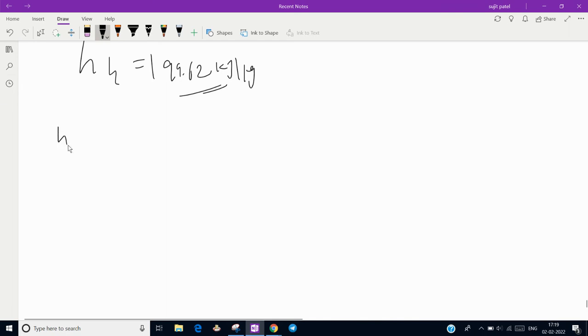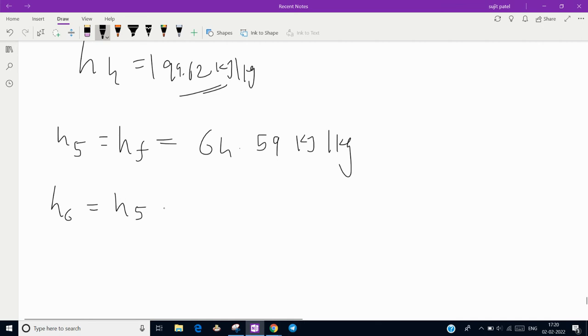Now H5 is at 30 degrees Celsius and it is saturated liquid. So Hf at 30 degrees is 64.59 kilojoule per kg. That is the enthalpy at point 5. Now enthalpy at point 6 will be H5 minus Cp, because it is subcooling, and here it is the specific heat of liquid, not vapor, into whatever the delta T of subcooling is.